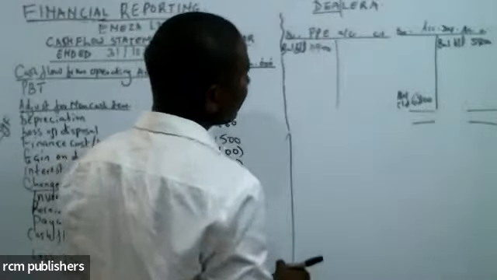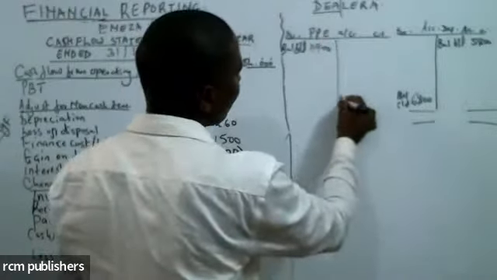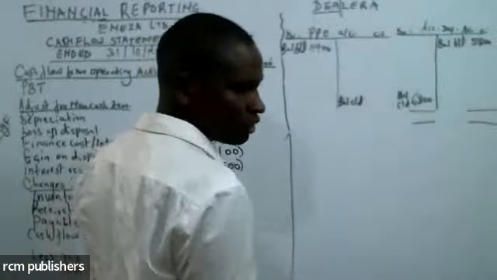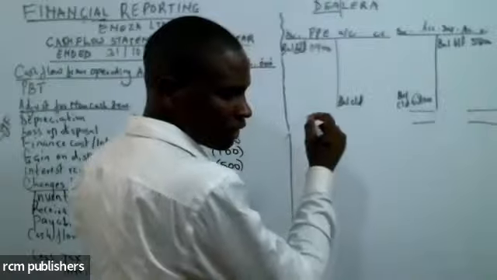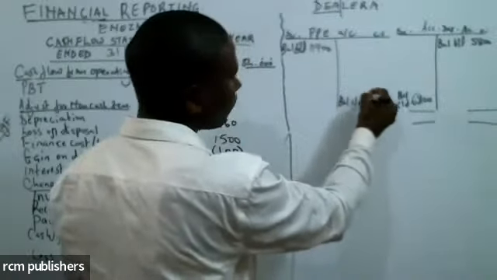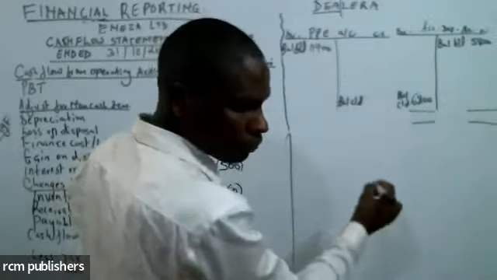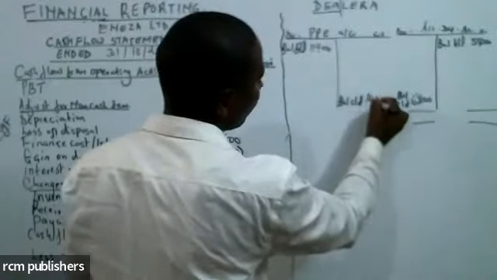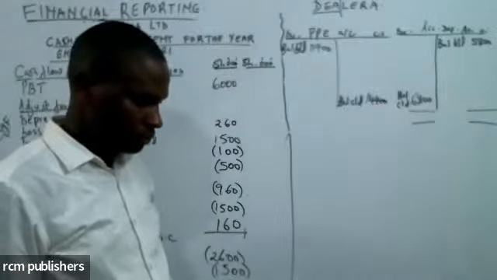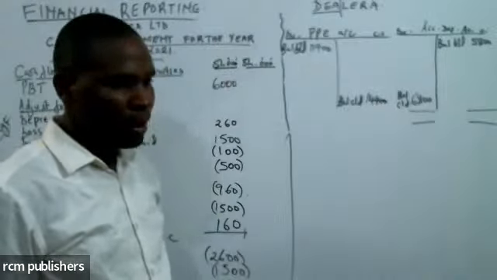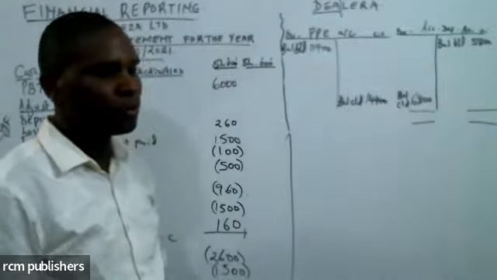11,900. And then we have the balance carried down. Ni ngapi? Is it 14,400? 14,400, right? But now we were told of a disposal. Plant worth how much was disposed?